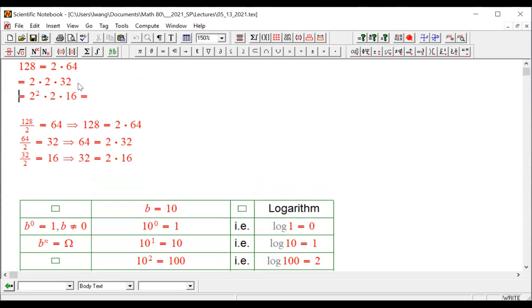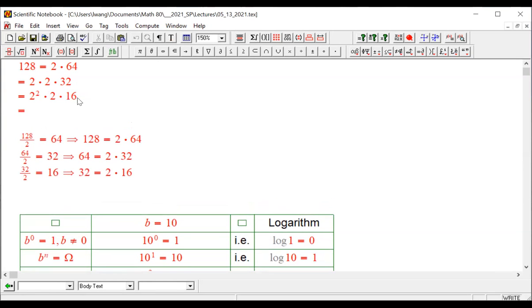Let me line them up so you can see that easily. 128 is 2 times 64. 64 is 2 times 32. 32 is 2 times 16. So you have a 2 squared there. So in the end, you get 2 to the power 3, which is these two numbers, multiplied by 16, which is 2 to the power 4.